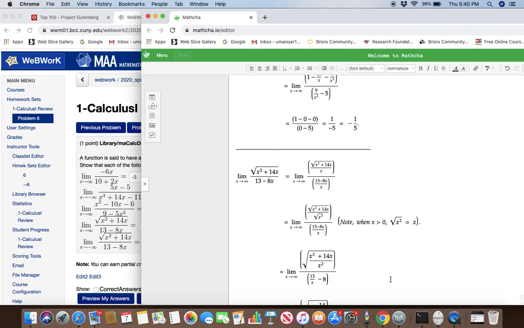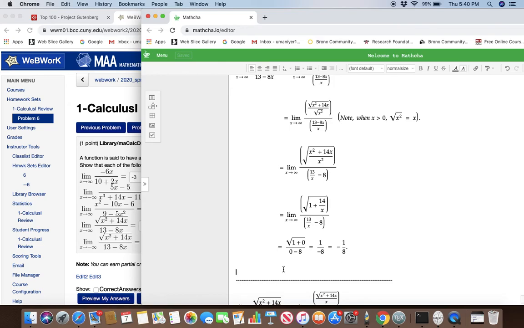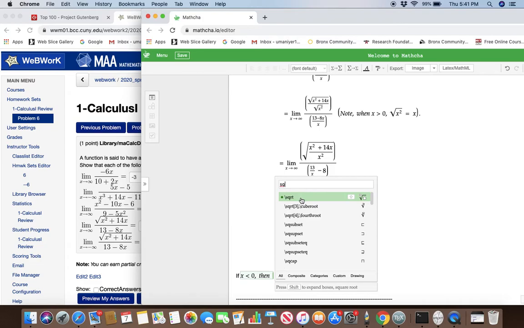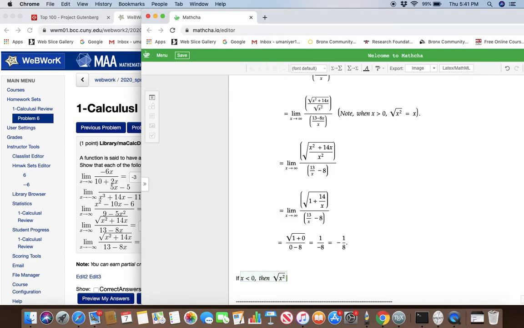Mind you, if x were negative, then square root of x to the power 2 is negative x. Okay, that's for negative. Remember this. Why? Because pretend x were negative 3. Negative 3 squared will be positive 9.